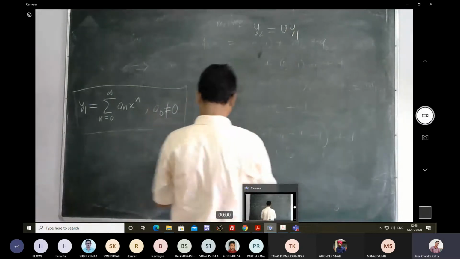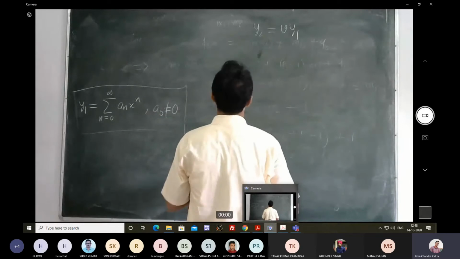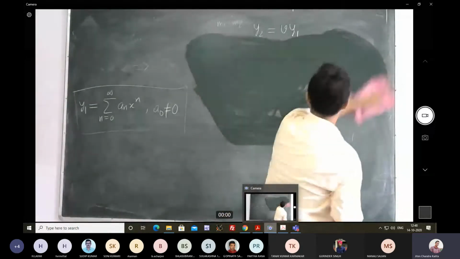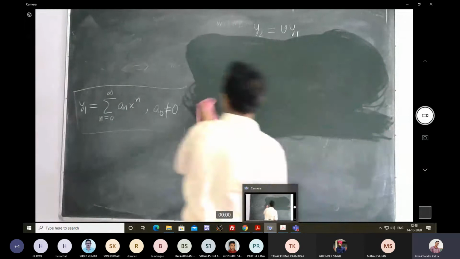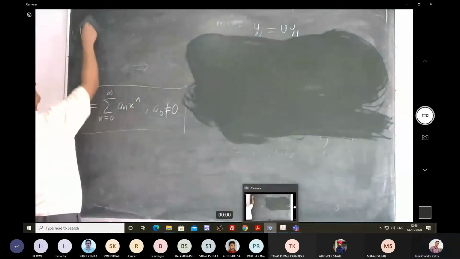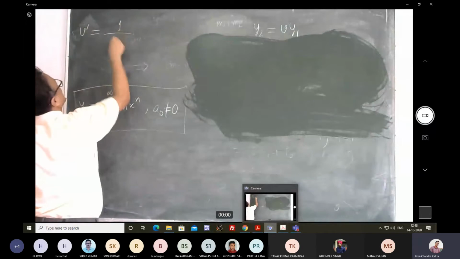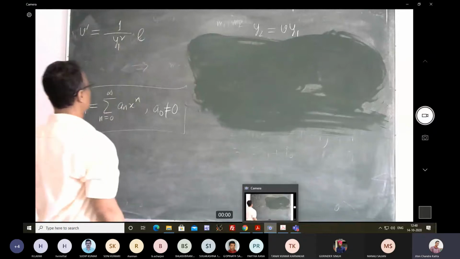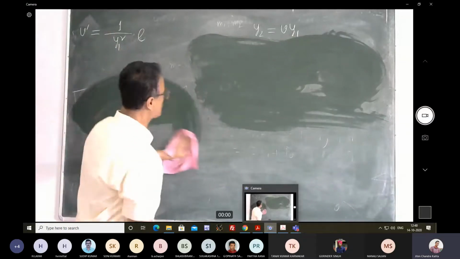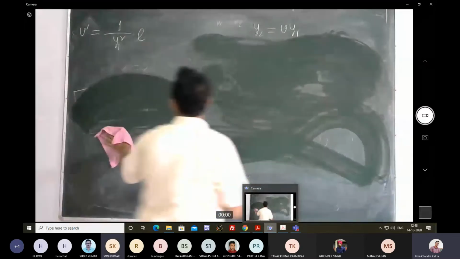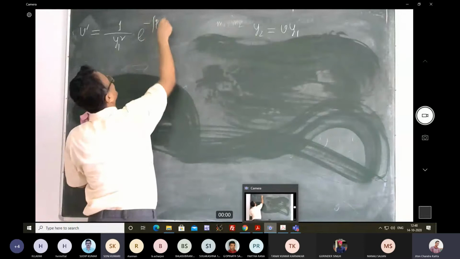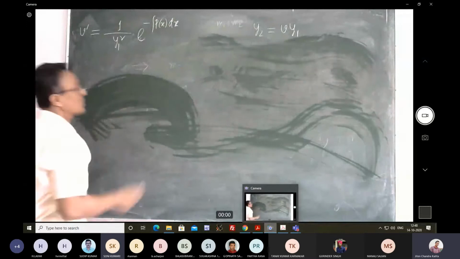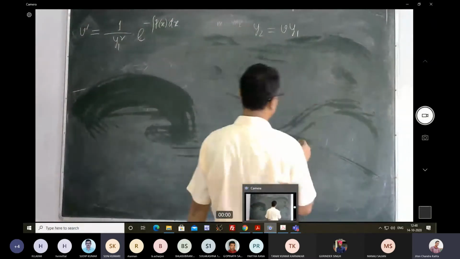Where v prime is equal to 1 by y1 squared, and then e to the power minus integration p of x dx. Okay, fine.